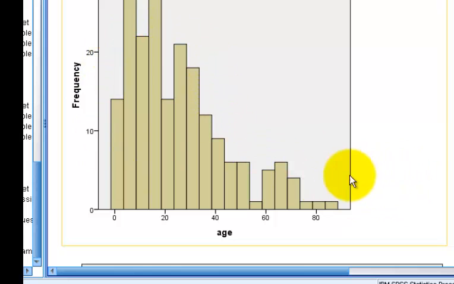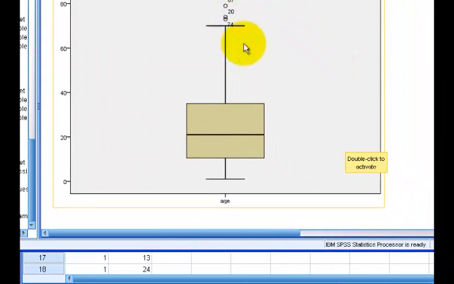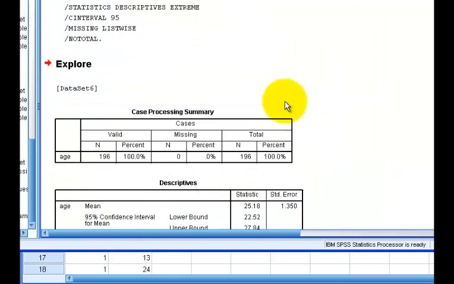Wow. All right, it is skewed to the right. So it means most of the people are between the ages of 0, actually 1, I guess, to 40 here. And we do have several outliers. Okay, I'm just going to go ahead and run it as is because, again, the ANOVA is a very, very robust test.